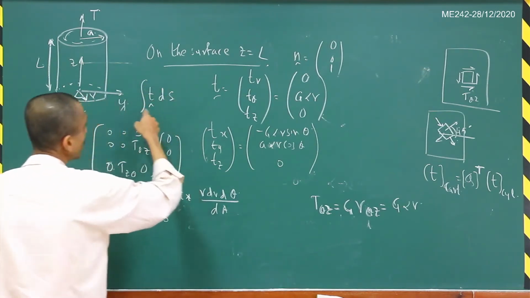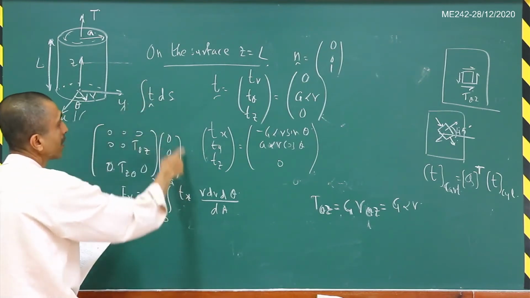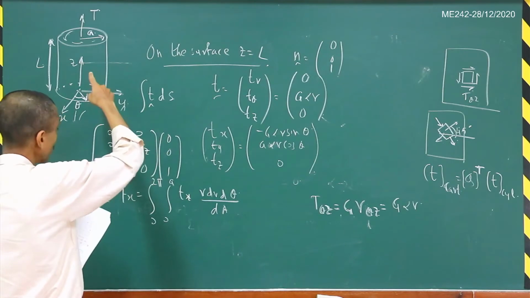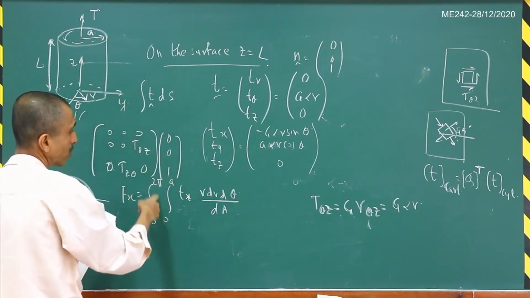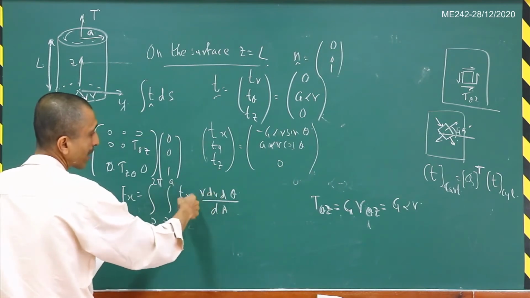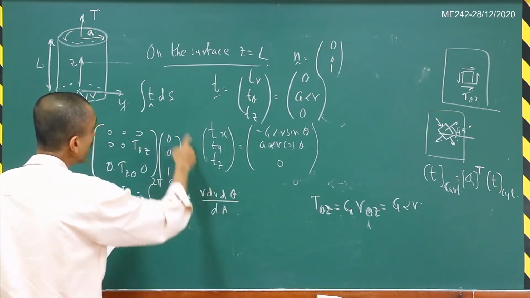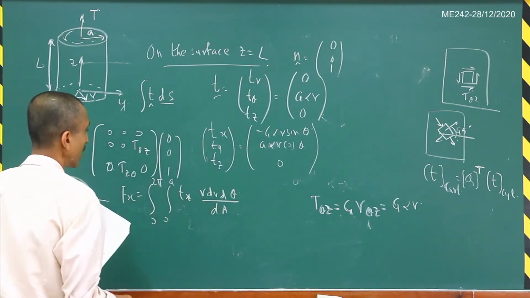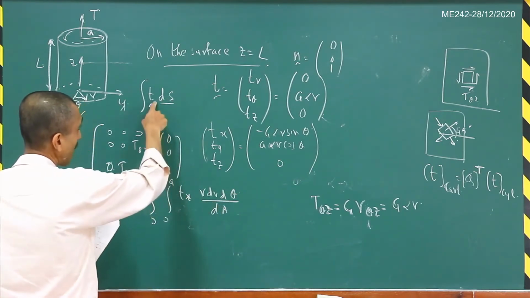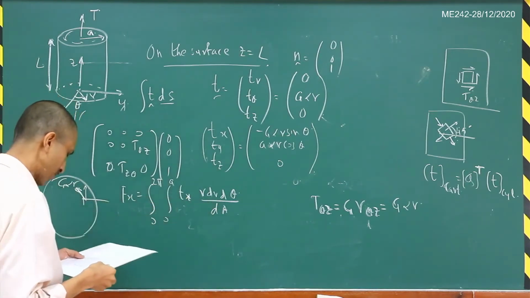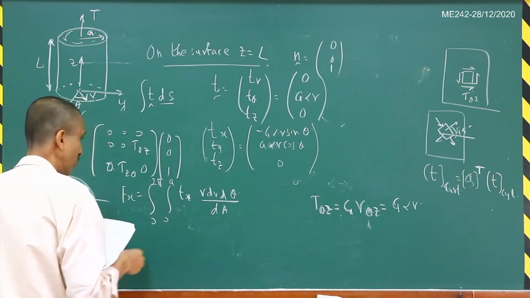So we are using this formula to find the total force acting on the top surface. 0 to 2 pi are the limits for theta, 0 to a are the limits for r, and r dr d theta is dA, which is the same as dS. For this particular case, I am just writing it as dA, and t_x is the traction component along the x direction. So that will give me F_x.